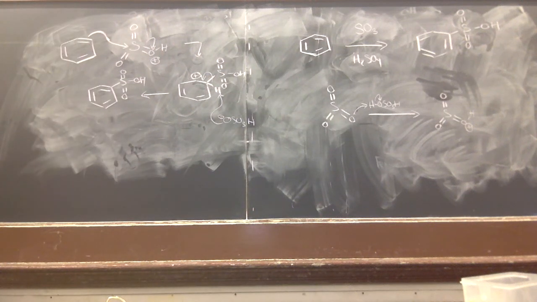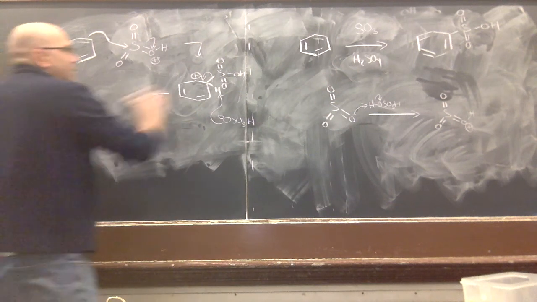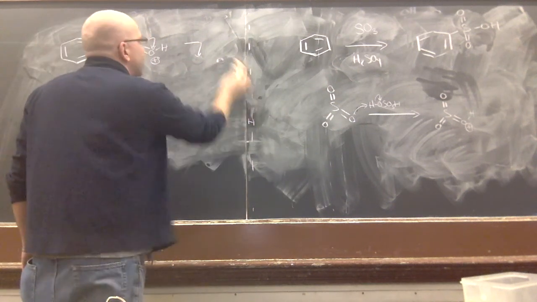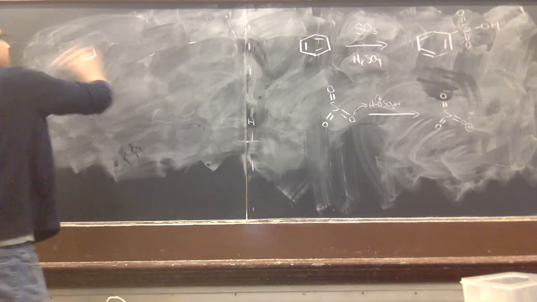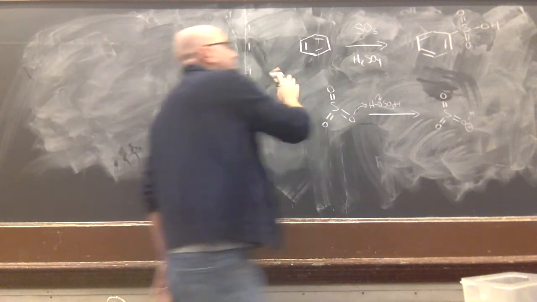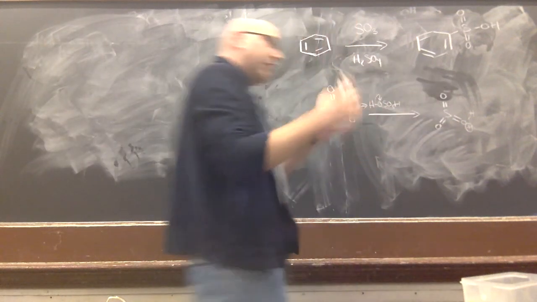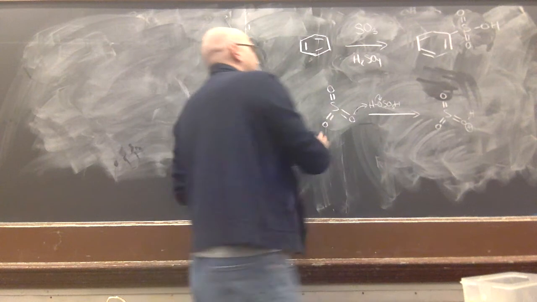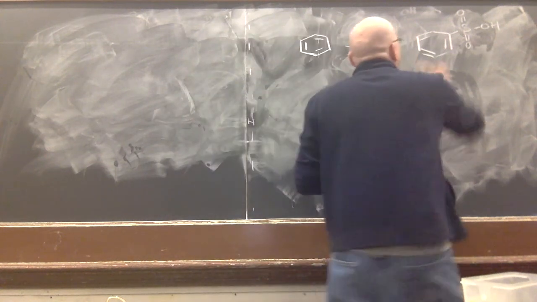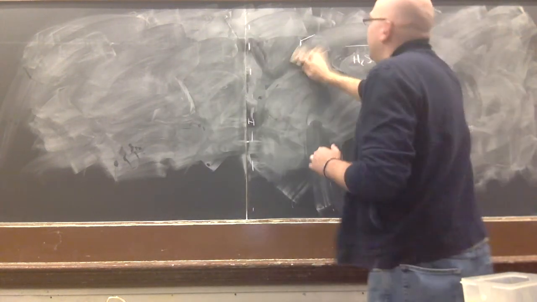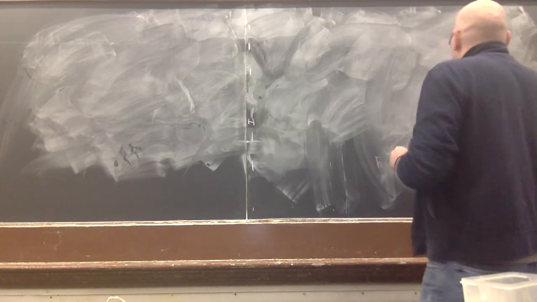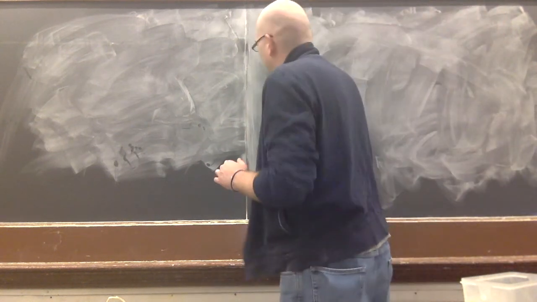But what I'm going to do here is ask you guys to predict this next set of reactions. So we've discussed how we can add bromine, chlorine, sulfur, nitrogen. But perhaps the most important bond that we like to make, right, is which one? The carbon-carbon bond.